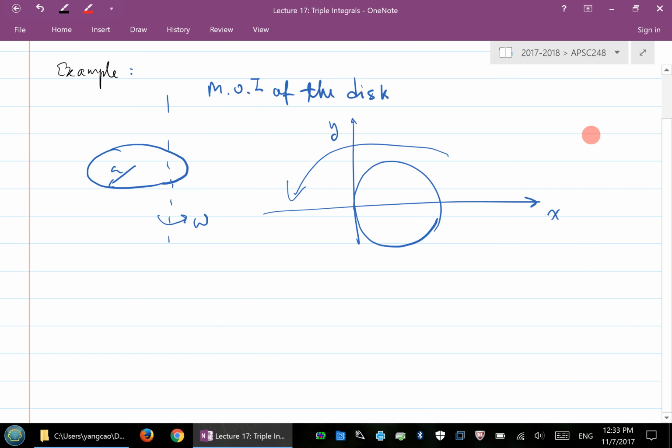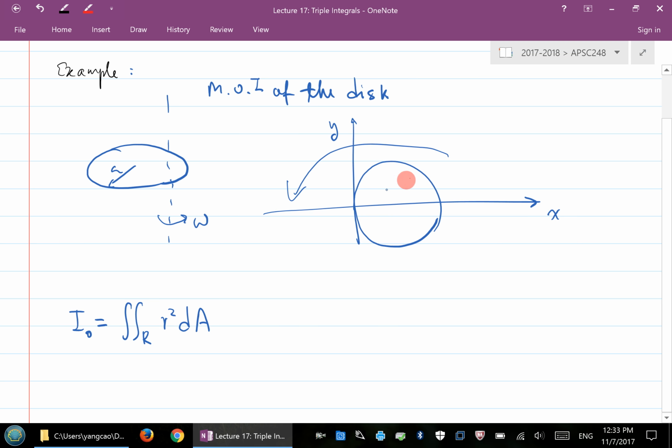Now your whole problem will boil down to the formula for the moment of inertia. In this formula, the r is the distance from any point to the origin.